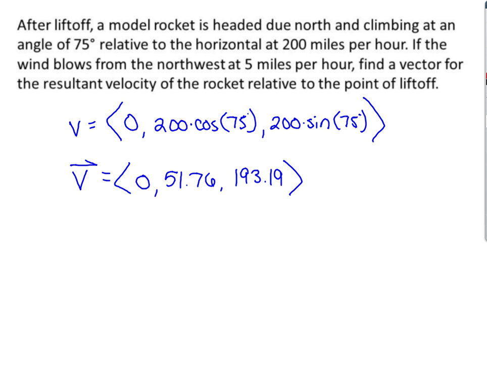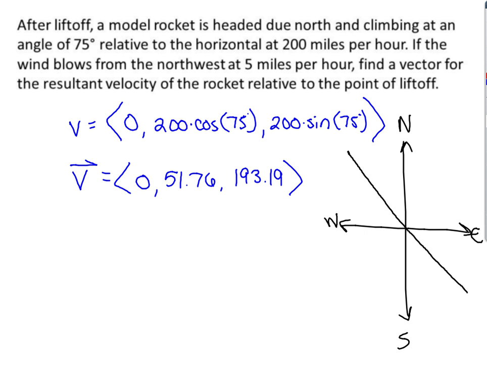Now to find vector w, we're talking about the wind. If we look at a coordinate plane, we have north, south, east, and west. It says the wind is blowing from the northwest. Since it says northwest and it doesn't give you a direction, you have to assume it's exactly halfway between north and west. So that means this is a 45-degree angle here, and this is a 45-degree angle here.